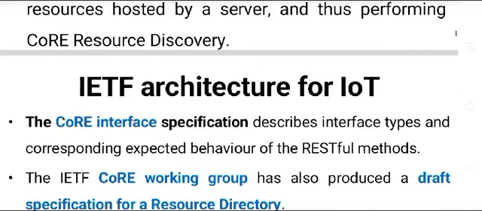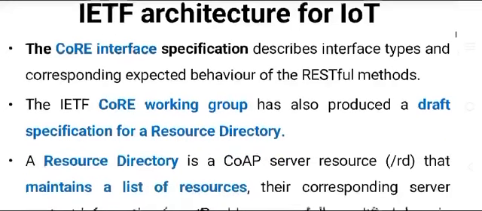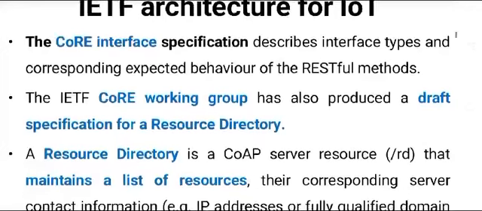Here, the core interface specification describes the interface types and corresponding expected behavior of RESTful methods. So this method is mainly used in drafting a specification for a resource directory.